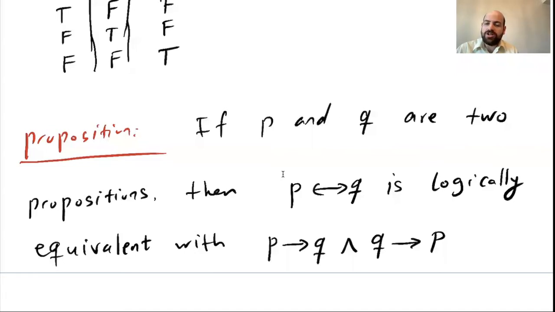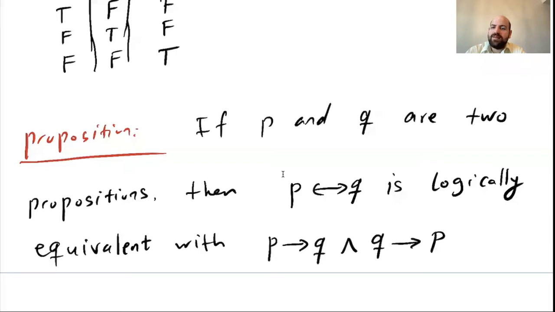If I put conjunction between two statements, I'm requiring both of them to be true in order for the whole statement to become true. But if I put disjunction, then I'm requiring at least one of them to be true. But here I'm requiring the statement and the converse, both of them to be true. So I have to put conjunction between them. So if the statement and the converse both are true, then the statement is if and only if.